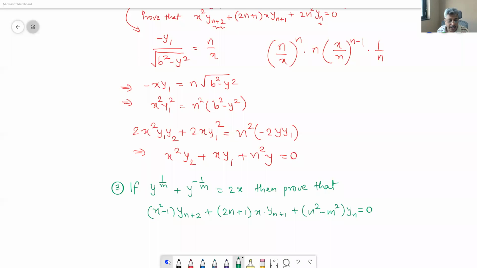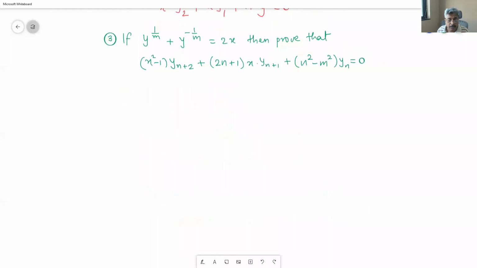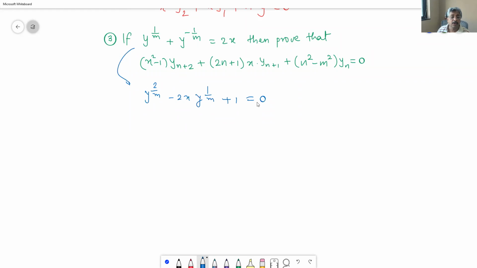First of all, you should again simplify it, then maybe solve it, then differentiate it. So, this is 1 upon y raised to 1 upon m. So from here, what you can write, y raised to 2 upon m minus 2x y raised to 1 upon m plus 1 is equal to 0. So it is quadratic in y raised to 1 upon m.